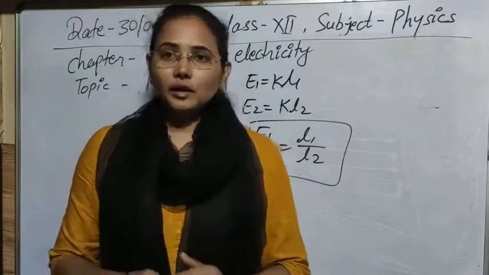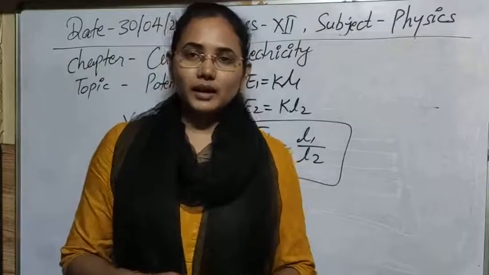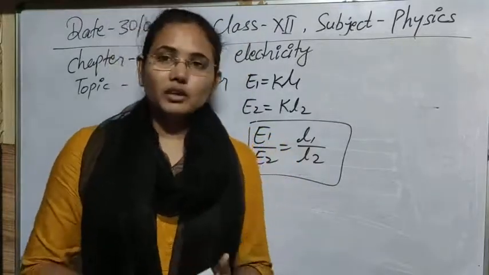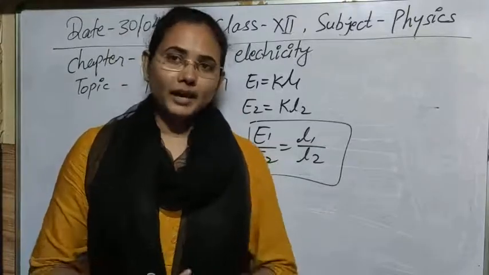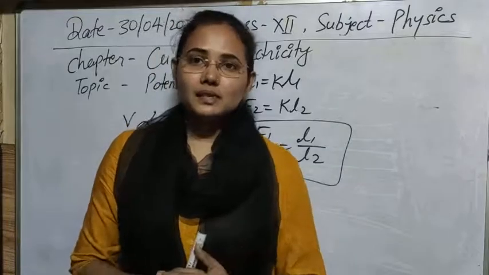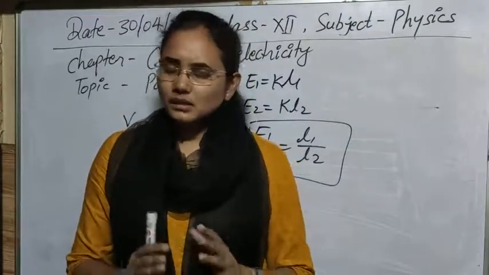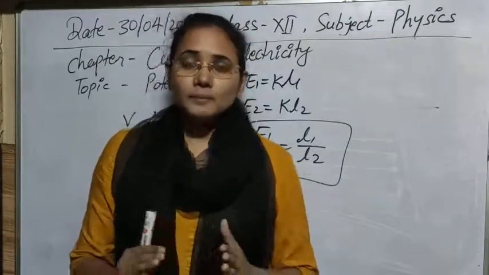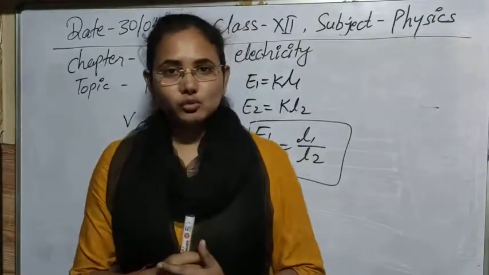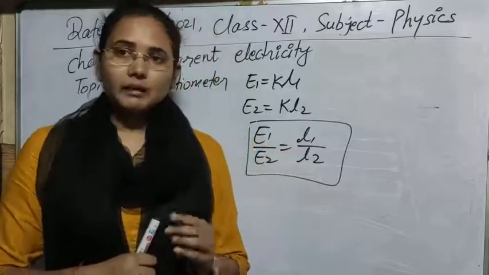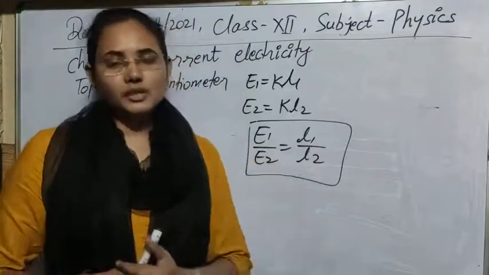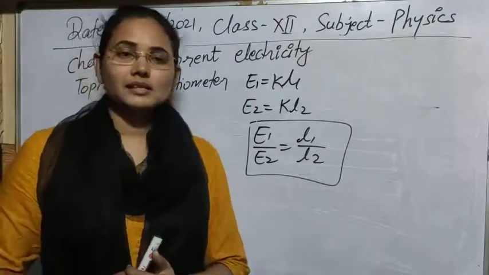So I think the potentiometer and its advantage is now clear. Why are we using the potentiometer here? One more advantage is that we can use a number of wires on this, and through this we can increase the sensitivity of the potentiometer. Sensitivity, as I just told you, means how small a measurement we can make with the instrument. If we can measure a small potential difference with the potentiometer, then we can say that its sensitivity is better.